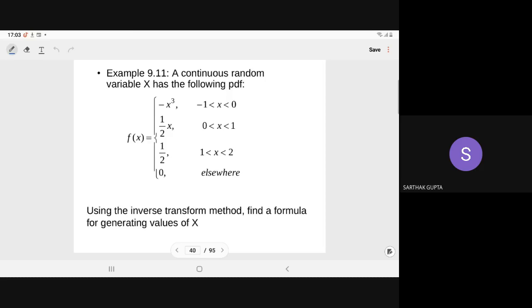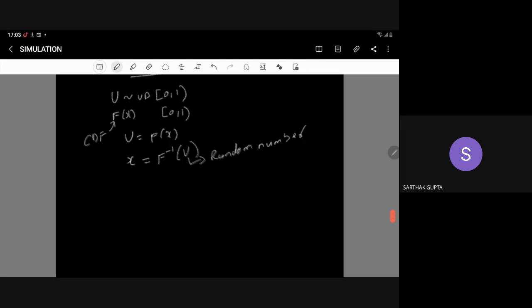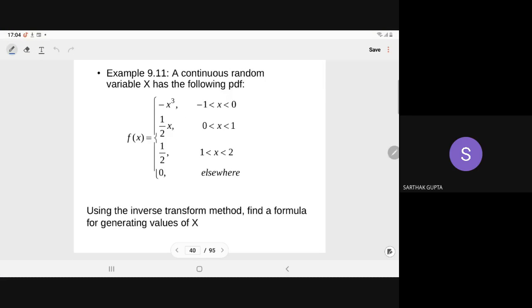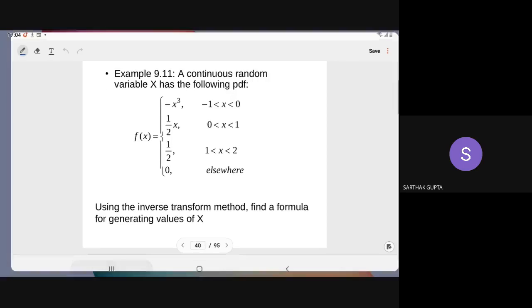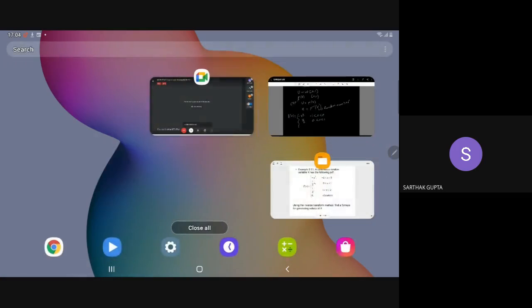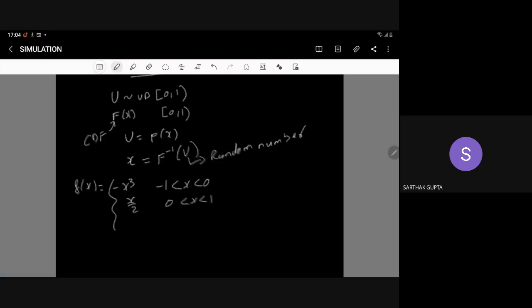Fx is equal to minus x cube for the range minus 1 to 0, x by 2 from 0 to 1, 1 by 2 from 1 to 2, and 0 elsewhere.